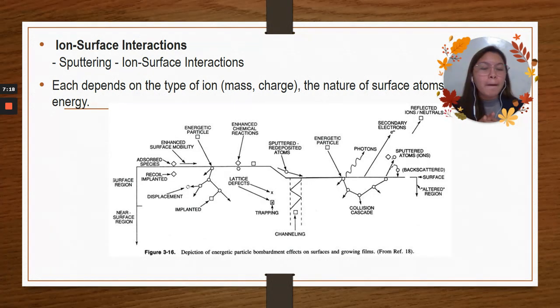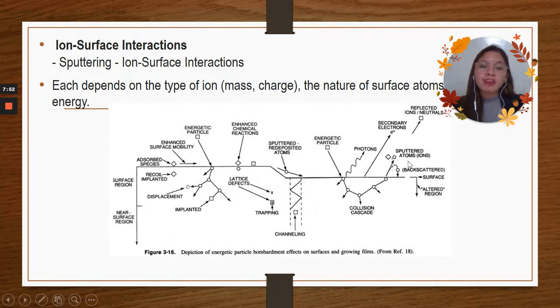Another picture we have here is the depiction of energetic particle bombardment effects on surfaces and growing films. We have the near surface region, the surface region, adsorbed species, energetic particle enhanced surface mobility, enhanced chemical reactions, sputtered redeposited atoms, energetic particles, photons, secondary electrons, reflected ions or neutrals.